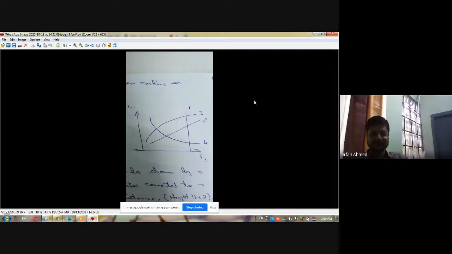As speed increases, torque decreases. Sir, in induction generator, how do we plot load torque? In induction generator we generate electricity, right?